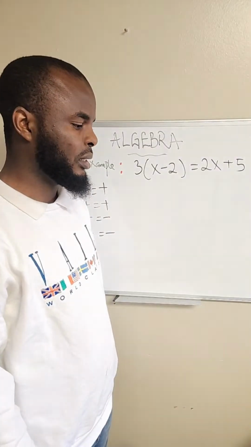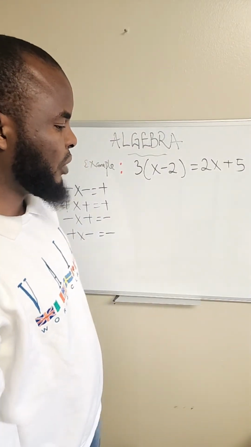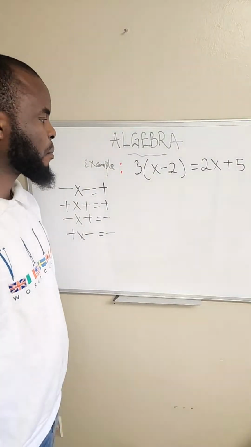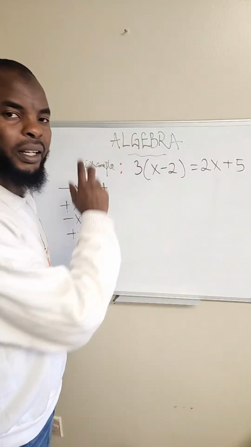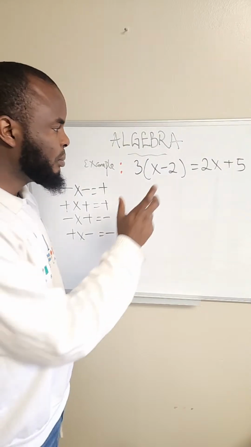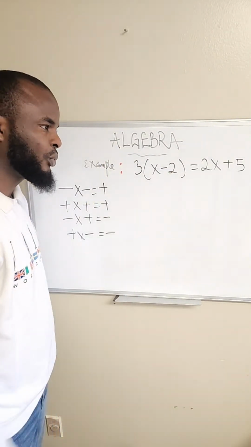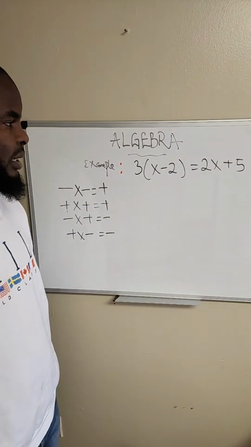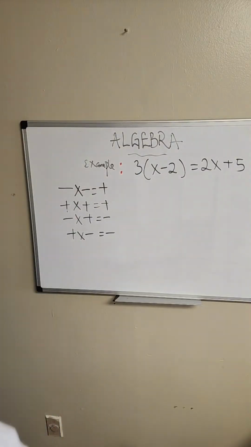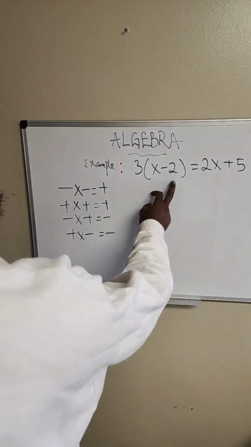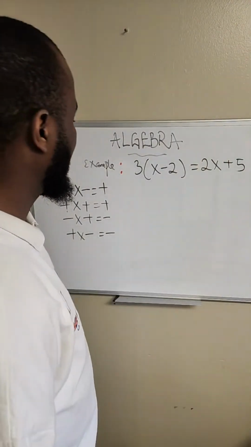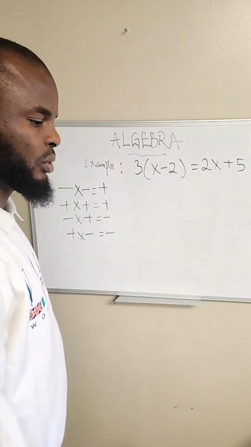The first thing you're going to do here right now is simplify these parentheses. Let me see if there's anybody that can try this. What do you think we're going to do if you have this kind of problem? We have 3 into parentheses x minus 2 equals 2x plus 5. What is the first thing to do?